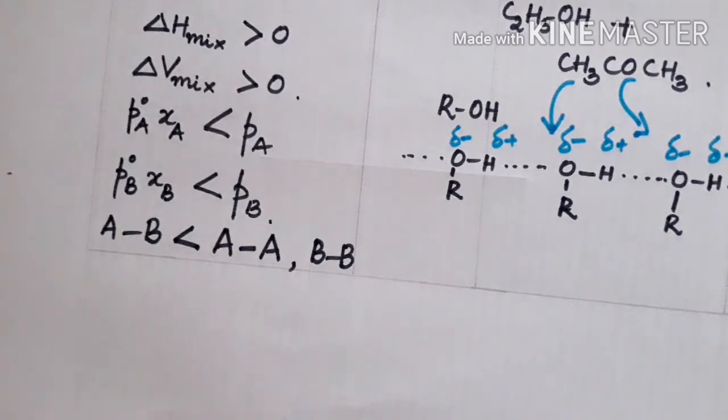It is found to boil at a temperature lower than expected because it is a minimum boiling point azeotrope.